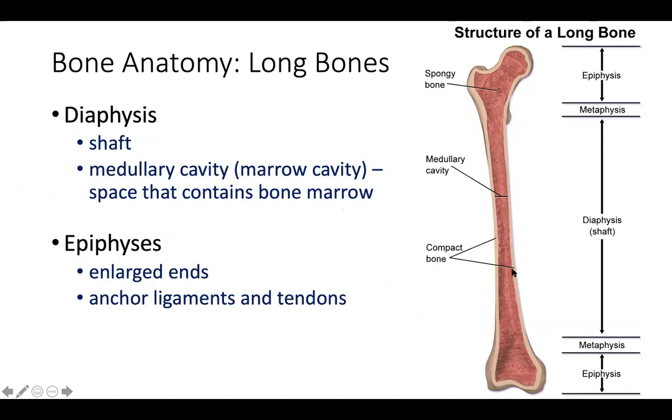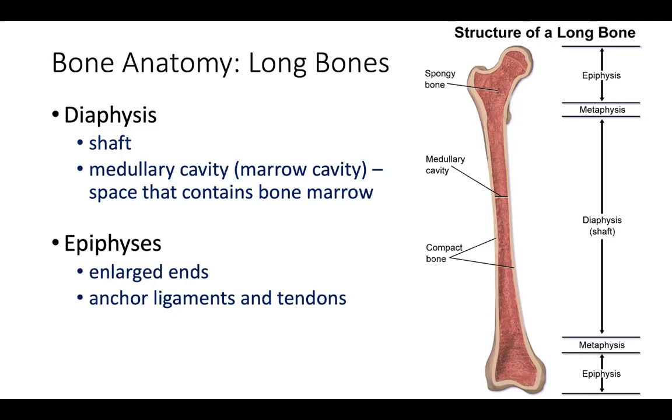The epiphyses are the ends. They're expanded parts of the bone. The epiphyses are really important for ligament and tendon attachment. They create a surface to allow ligaments and tendons to attach, so muscles and other bones can attach to them. So they're attachment points.